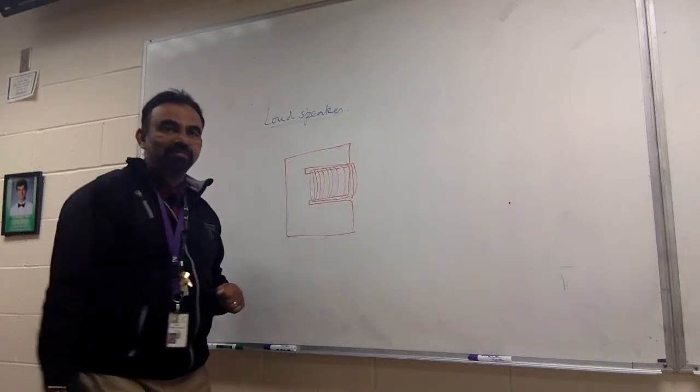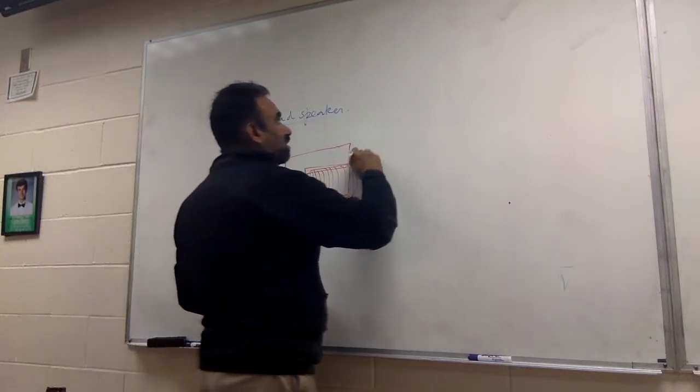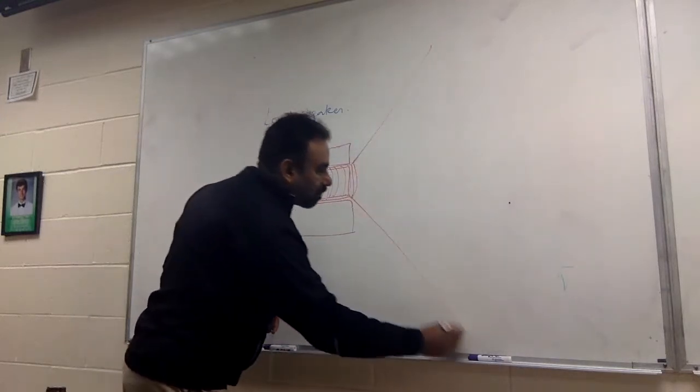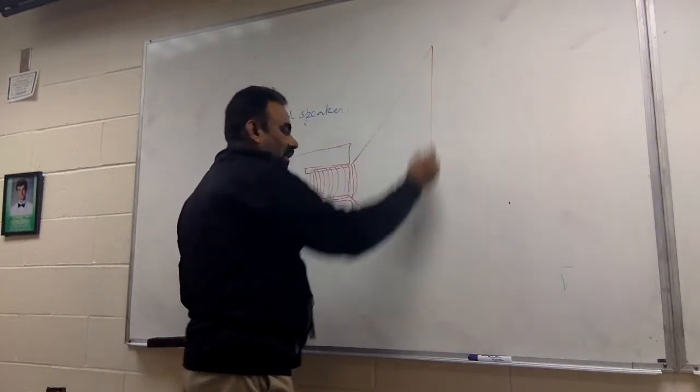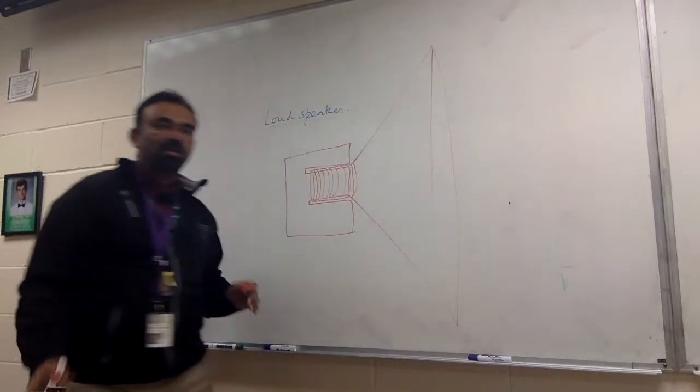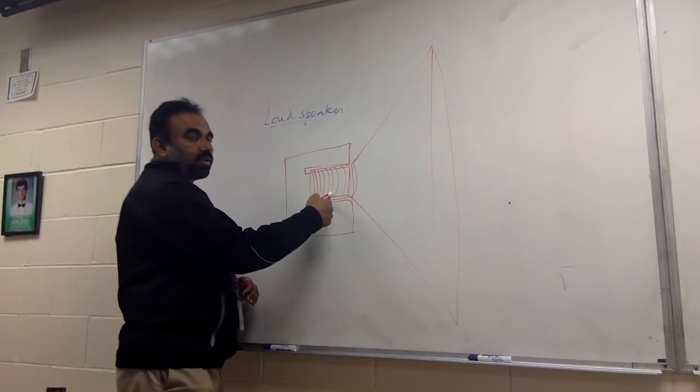That's a coil of wire, and this coil of wire is connected to the diaphragm. So that's a diaphragm that's supposed to be moving back and forth with the coil.